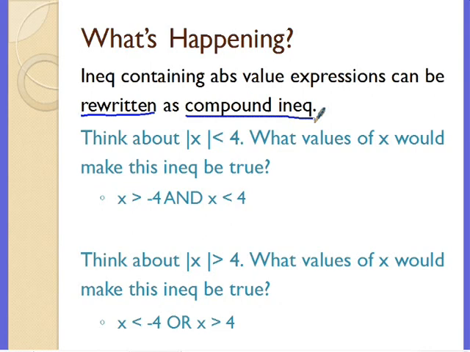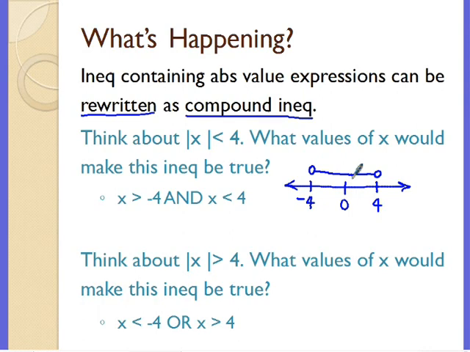-1, that's fine. So when you think about it, if we graphed it, it would look kind of like this in a quick sketch. Anything between 0 and 4, well, that would work. So if we started here at 4, anything going this way, and then also anything between 0 and -4 would work, because those would also have absolute values that were less than 4.